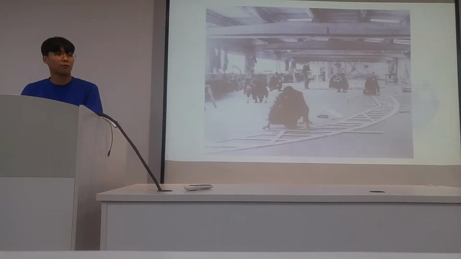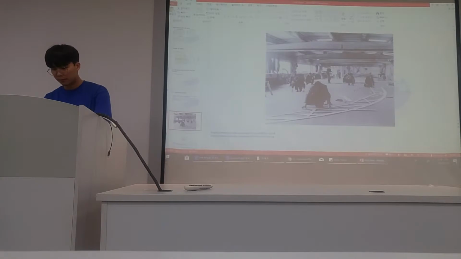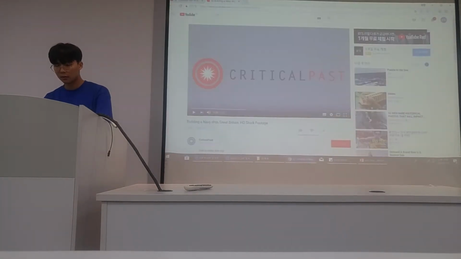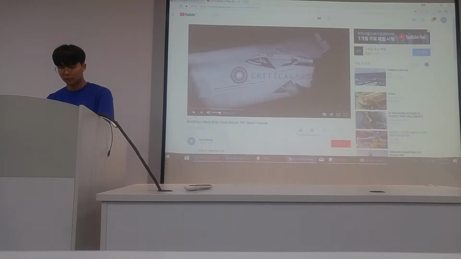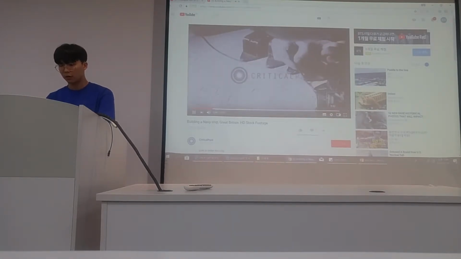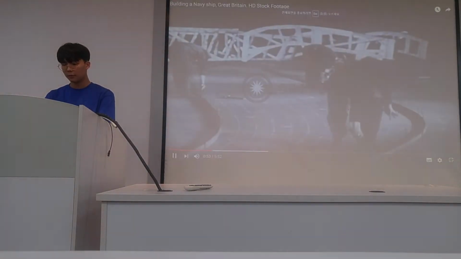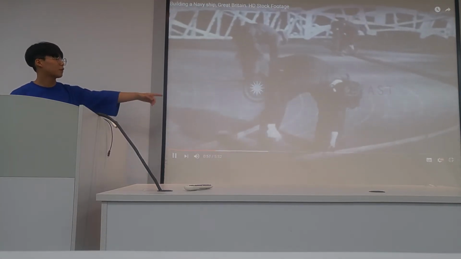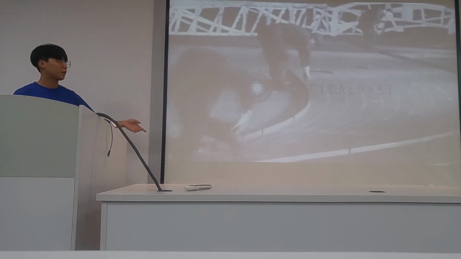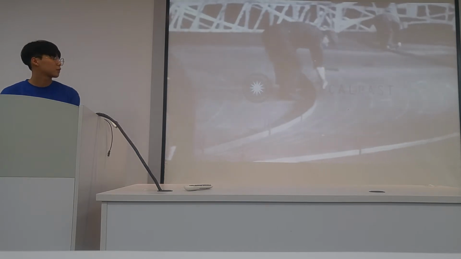This is a picture of mold loft. When you draw the mold loft of ships, they draw it at real size.